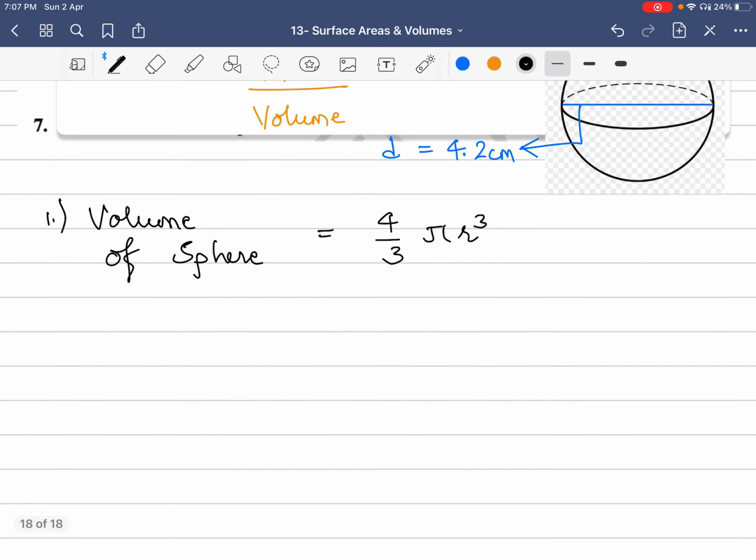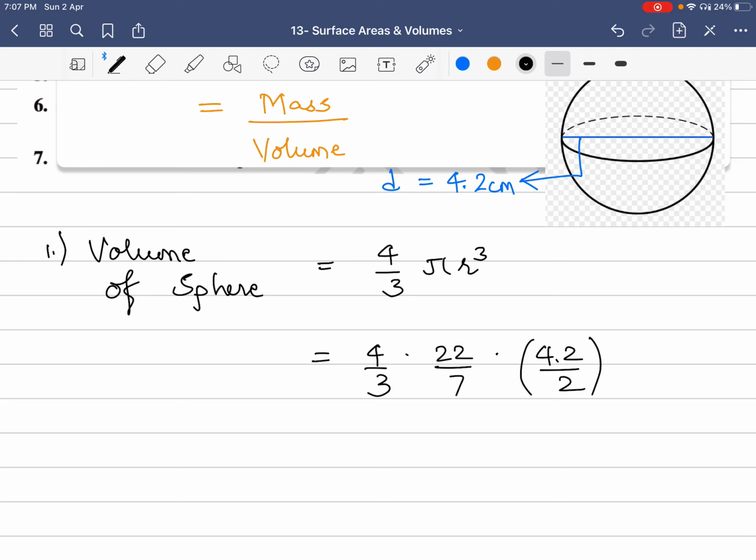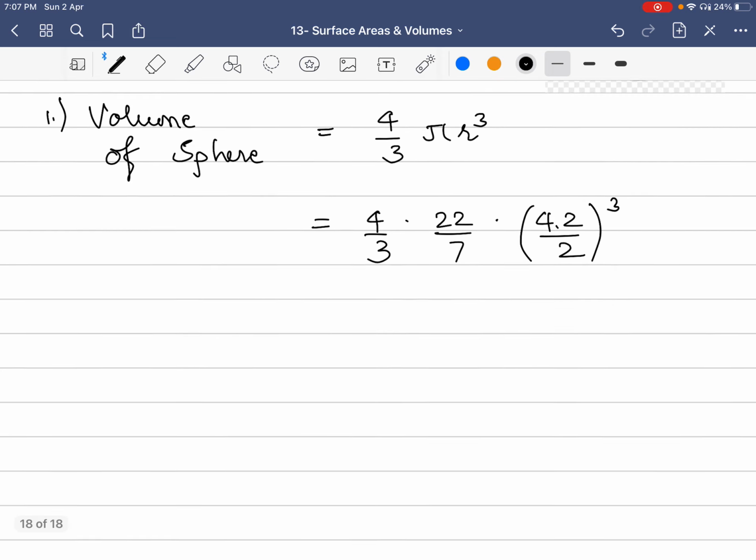Let's substitute the values. We know that the diameter is 4.2 centimeter. So we write 4 by 3 into, let pi be equal to 22 by 7, into r. So r is 4.2 divided by 2, since half of the diameter is the radius, and the whole cube. This is the formula. Now let's try to solve this.